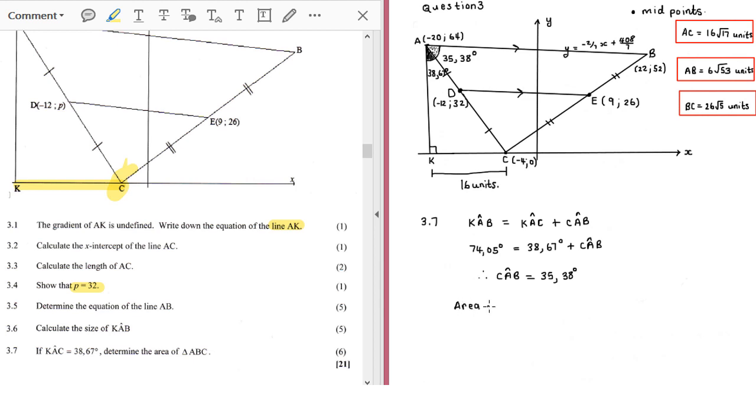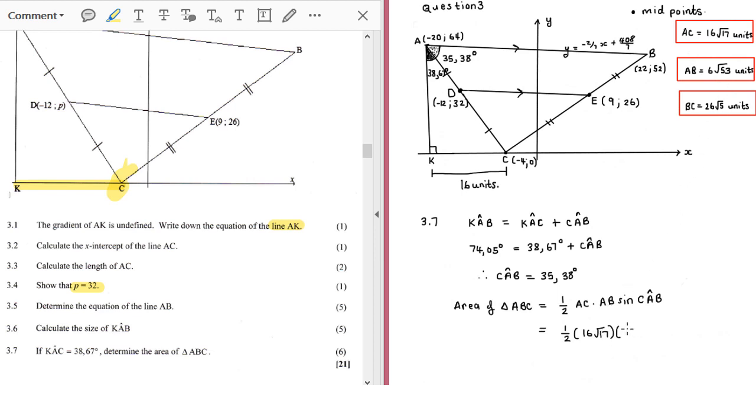Okay, so now for the area of triangle ABC, we're going to use the sine rule over here. We need half times the including sides, so that's going to be AC times AB times the sine of the included angle, which in this case is this angle CAB. So we have half of AC, which is right over there, 16 root 17.